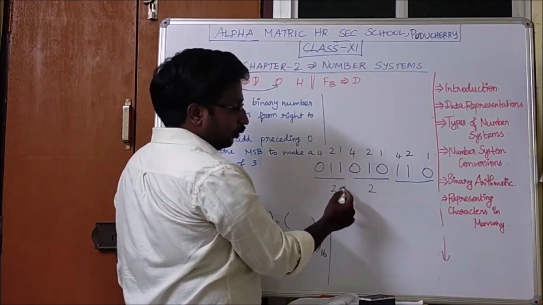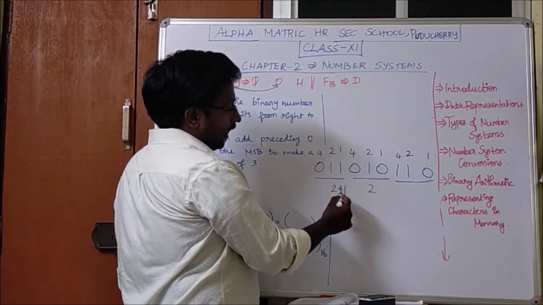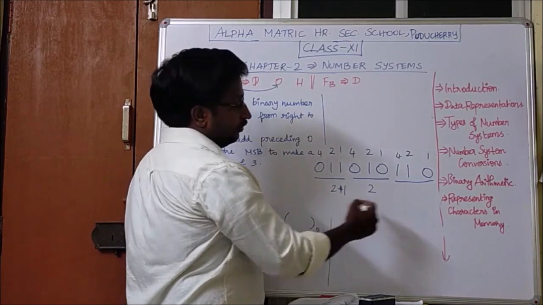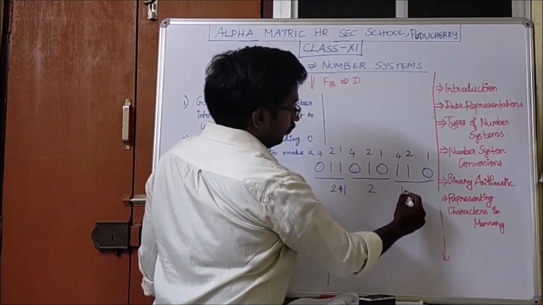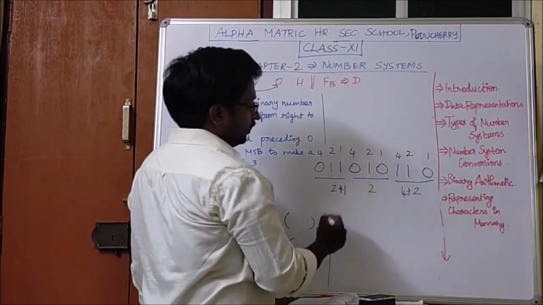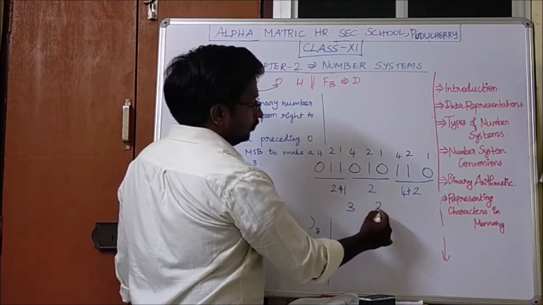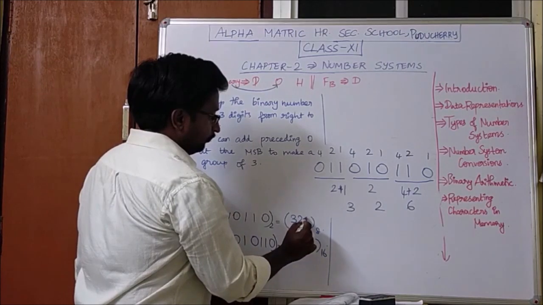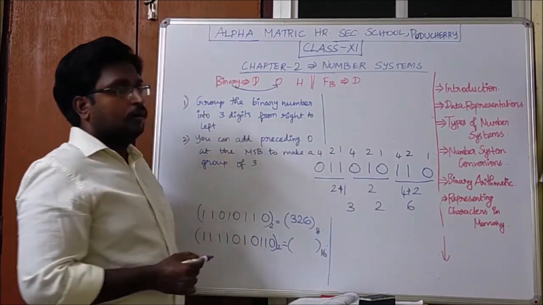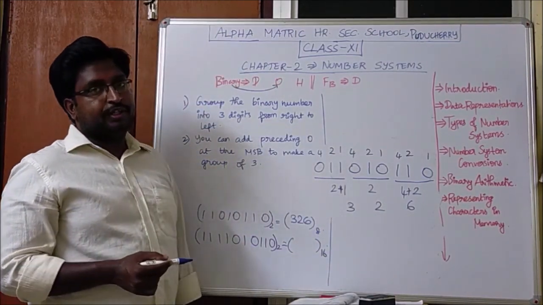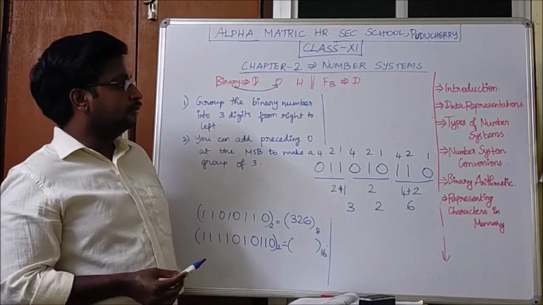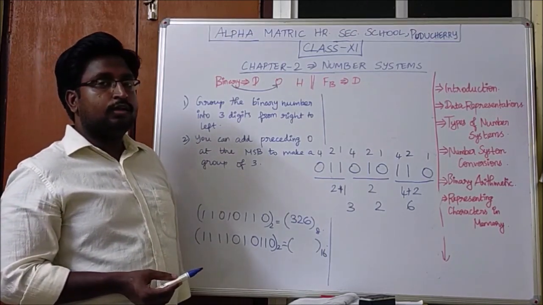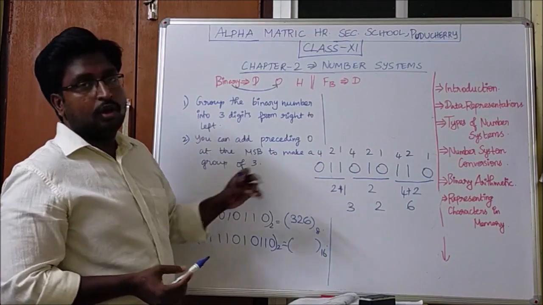If you get two numbers, you can add those 2 numbers. Here you see 4 and 2, you just add. Here 3, 2, 6. So this is the octal equivalent for the binary number. So this is how you have to convert binary to octal.